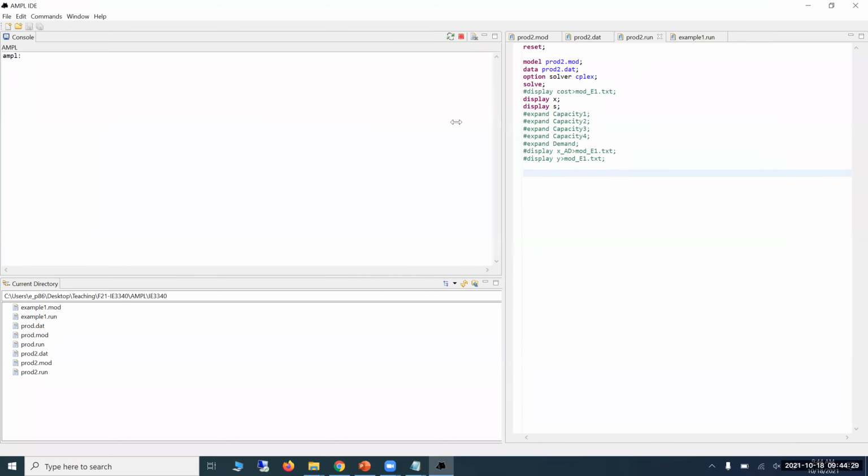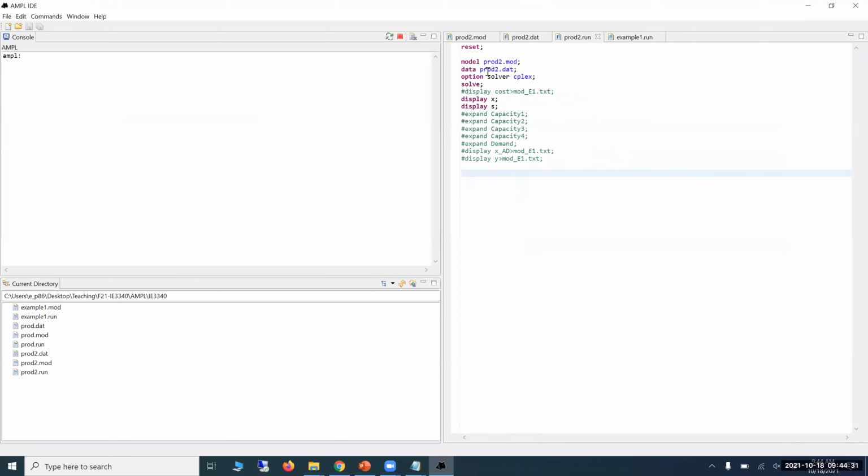Yep. So you see, you call the model first and then the data, and then you call the solver and then solve. So the additional instruction is just this line right here, calling the data file.